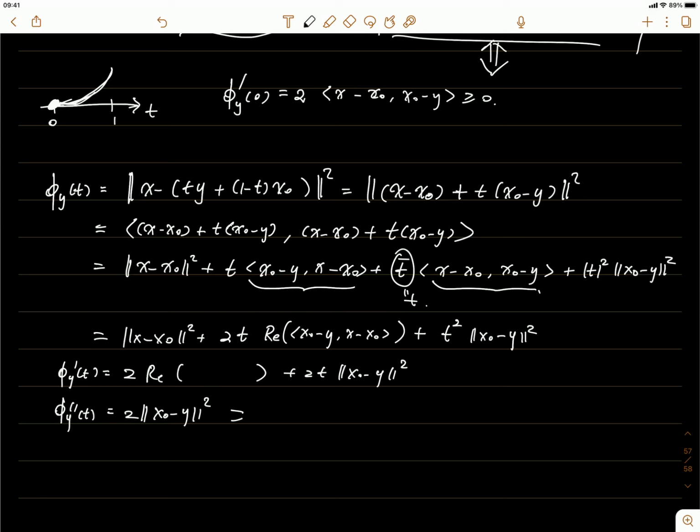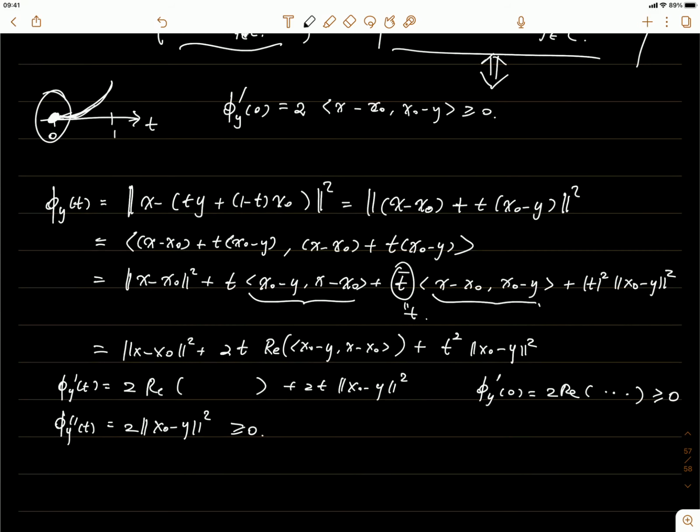Okay, so that's why this is convex. But also, when t equals 0, we can see that this prime at 0 is 2 times the real part of that. And we just saw that this has to be greater than or equal to 0 as we're pointing to this point. That's why this is greater than or equal to 0. Okay, so this is the sufficient and necessary condition for x naught being a projection point of x.